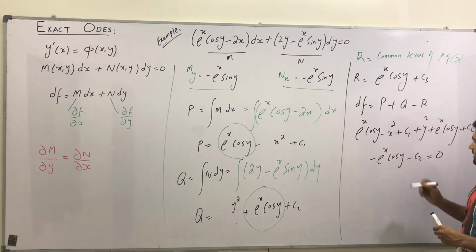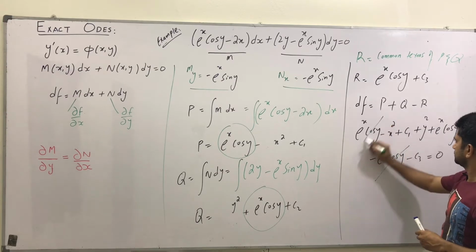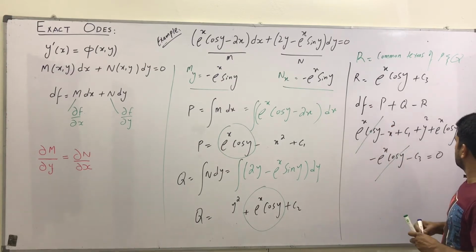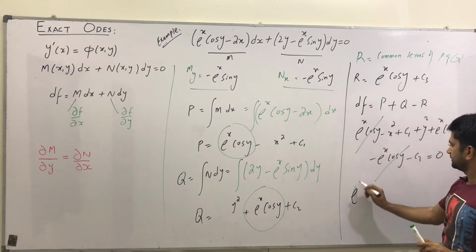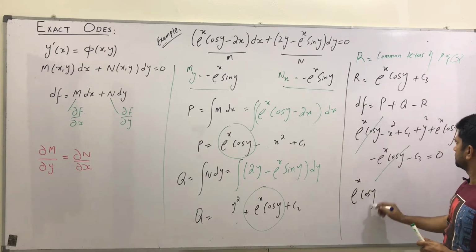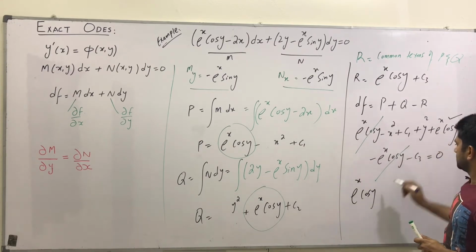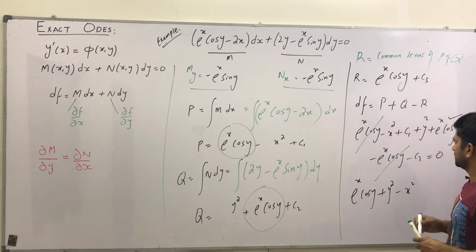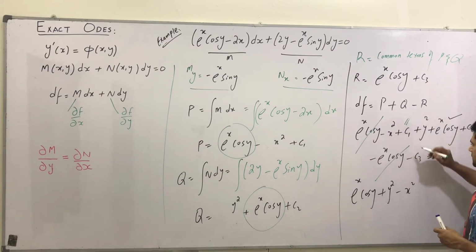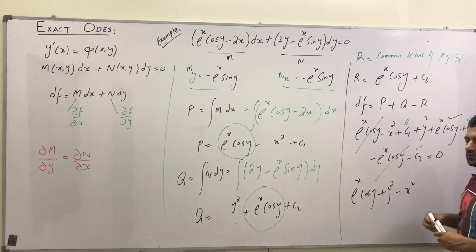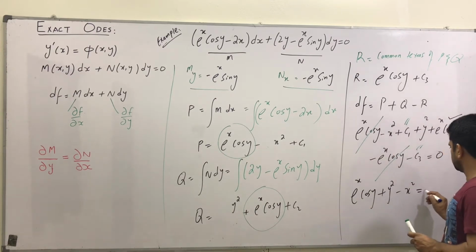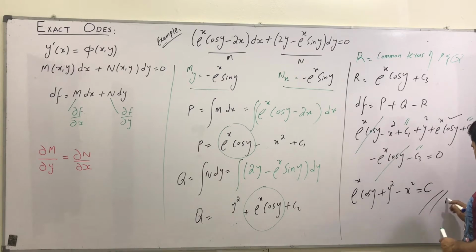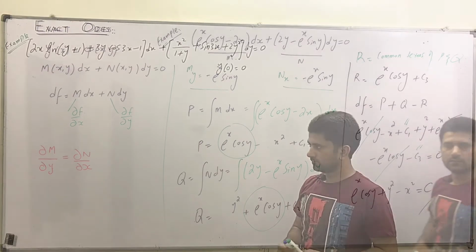So this term will be cancelled out and we have the solution only e to the power x cos y plus y square minus x square, and these three are the constants c1, c2 and c3. We write only one constant which is c, and this is our answer.